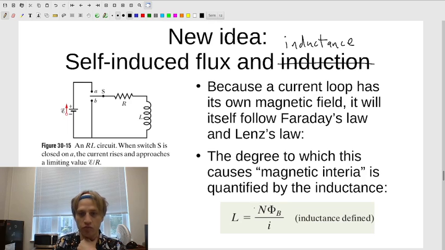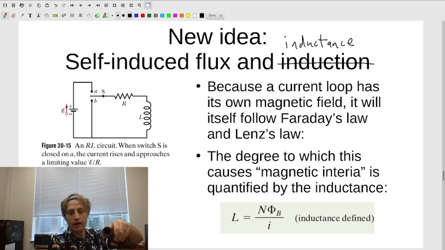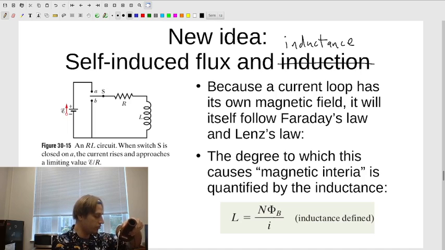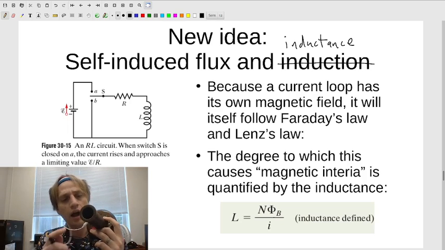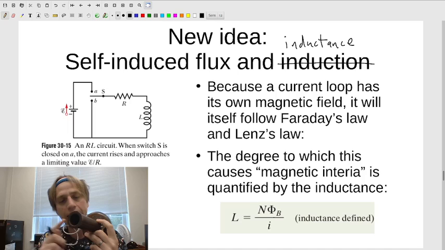And what it is, is the ratio of the magnetic flux through an object divided by the amount of current that is passed through it. So for instance, when I put a current through an object like a solenoid, I would get a magnetic field inside of this thing.